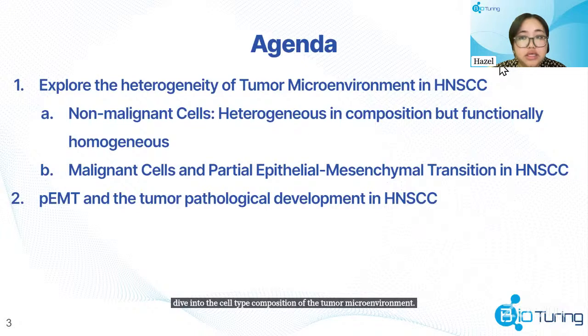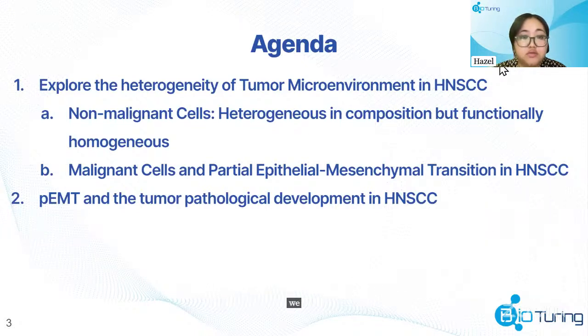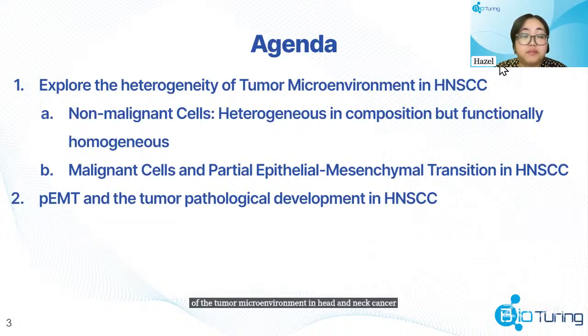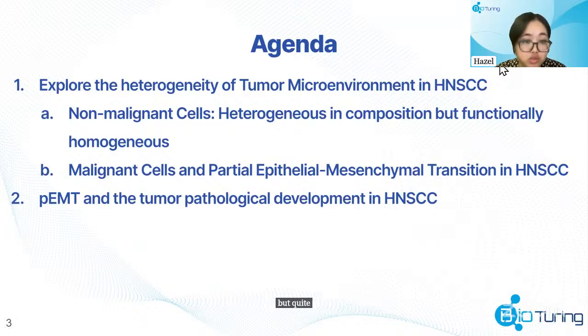As you can see in the agenda right here, we divide this talk today into two parts. The first part is where we will explore the heterogeneity of the tumor microenvironment in head and neck cancer, where we will explore two different populations. First, non-malignant cells, and in this population, we will see heterogeneity in composition, but quite functional homogeneity.